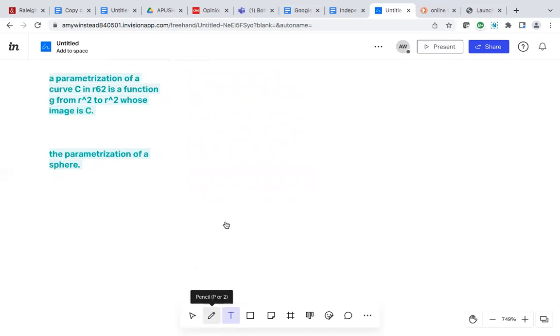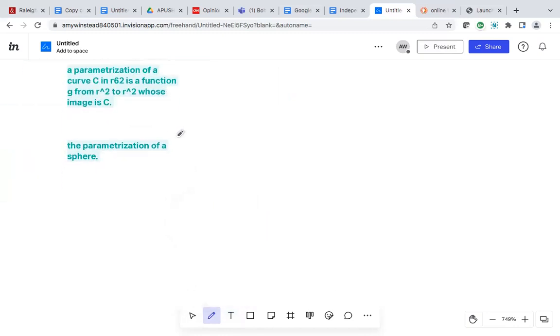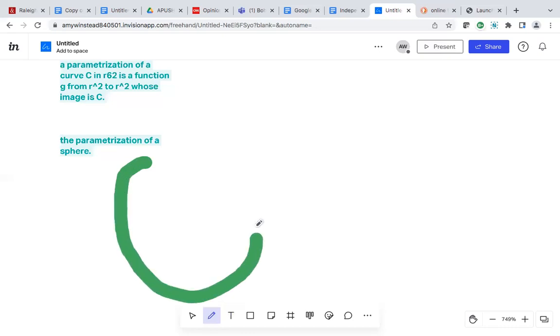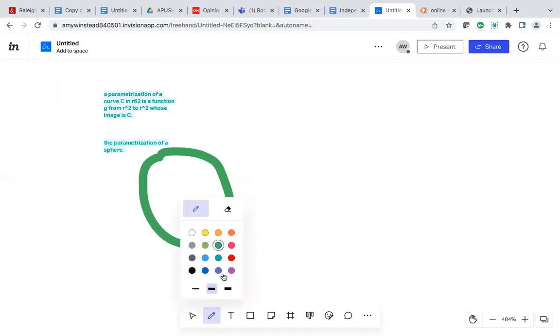I went to Dr. Prudhomme and it makes sense, but this level of creativity in figuring out math stuff was not something that I did. But I thought it was really cool and really interesting. So we're going to say that we've got a sphere and it looks like this.